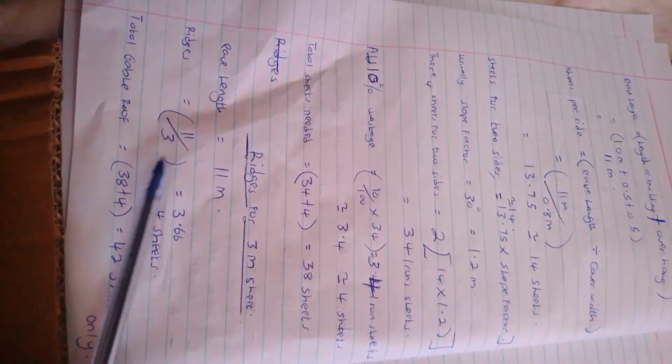To get the ridges needed, you get the eave length divided by 3 meters, since the sheet is already 3 meters.